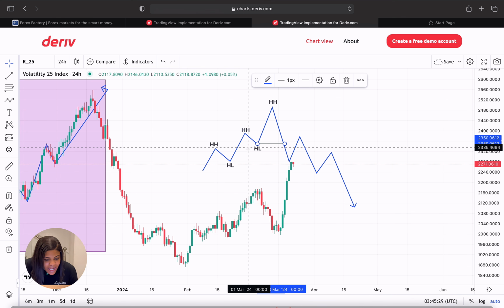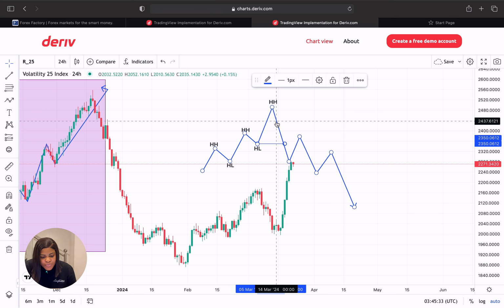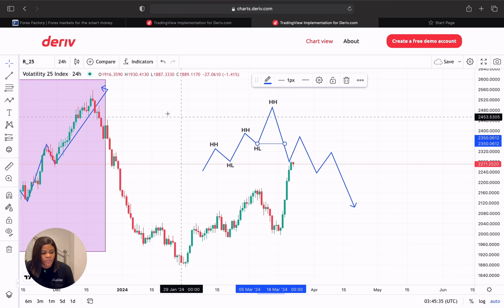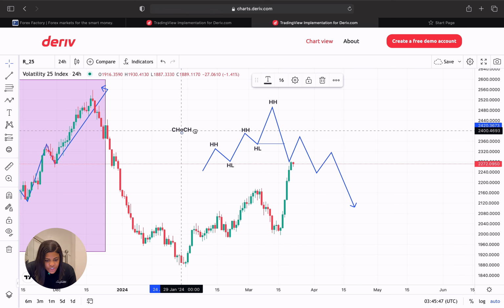Currently, this is the last higher low for this uptrend. Now, what happened? The market broke past this last higher low, giving us a what? Change of structure, change of character, I mean. Still same thing anyways. Giving us change of character.